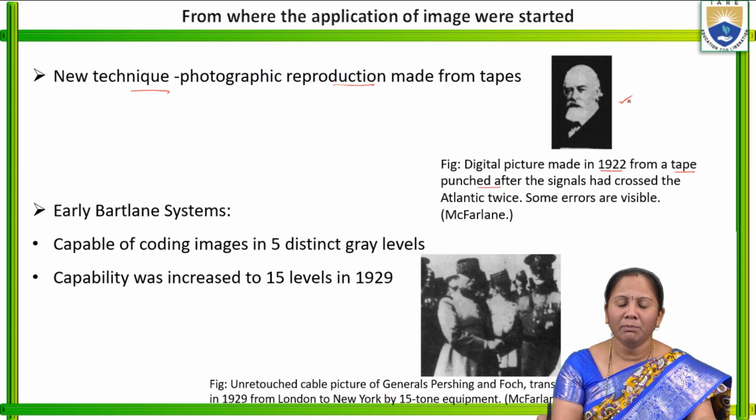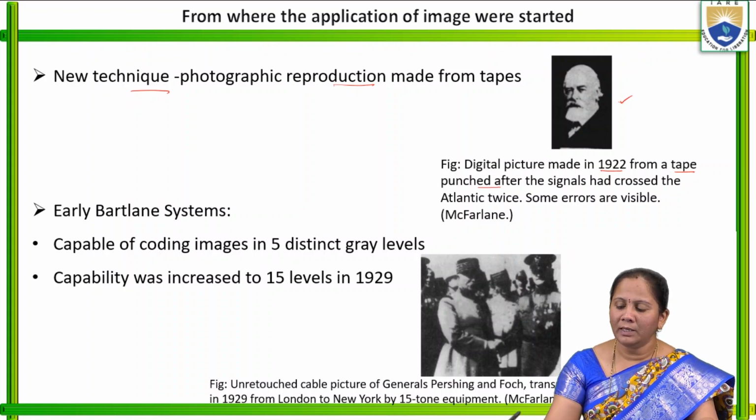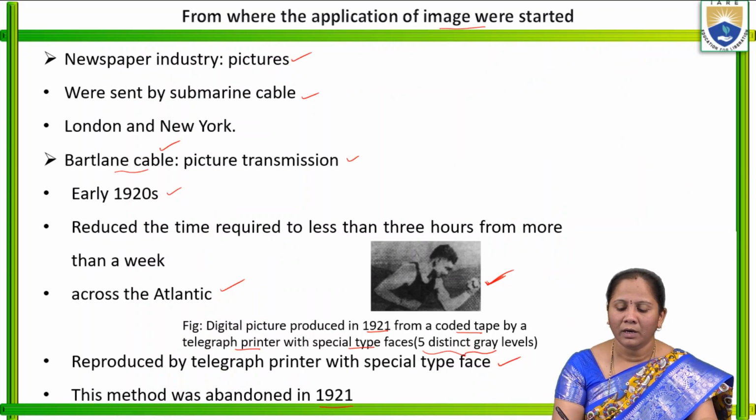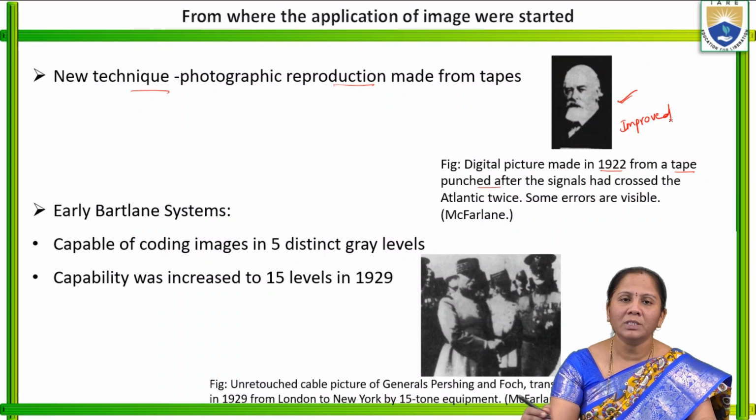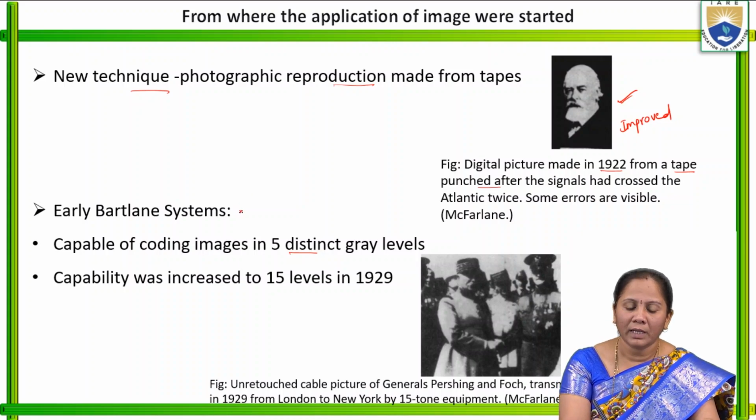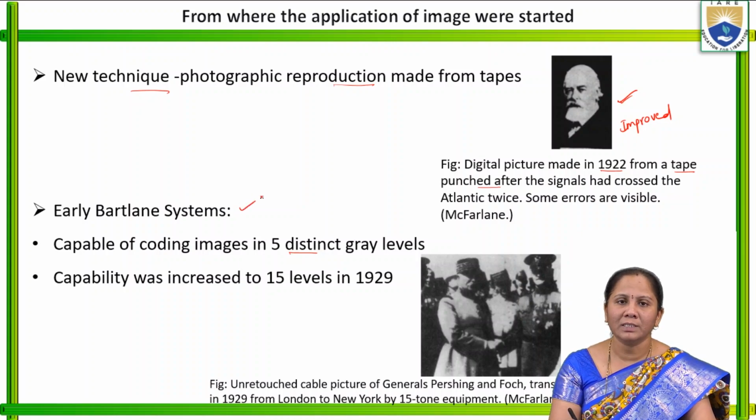Even though they found some errors in this image, compared to the previous picture, the quality of this picture is improved. Why? Because in the previous picture, using that technique, they used only 5 distinct levels of gray, whereas here they used different levels of gray.